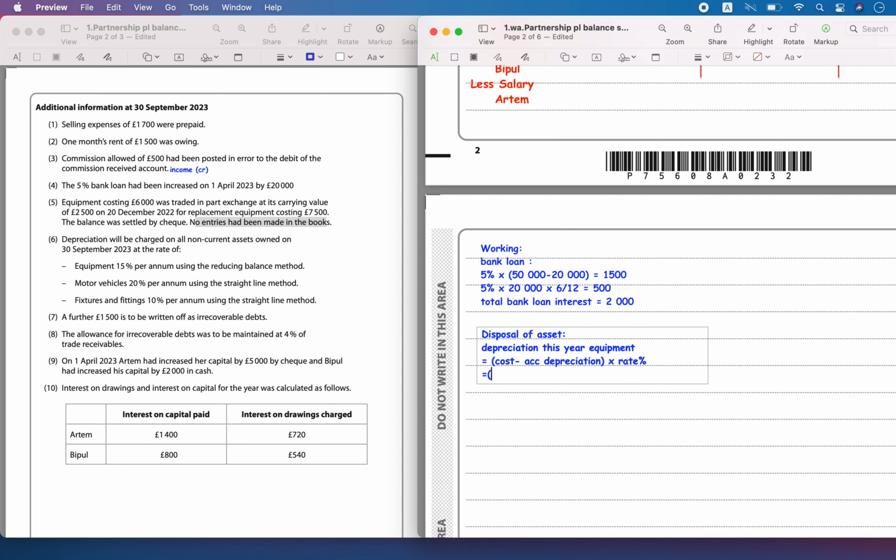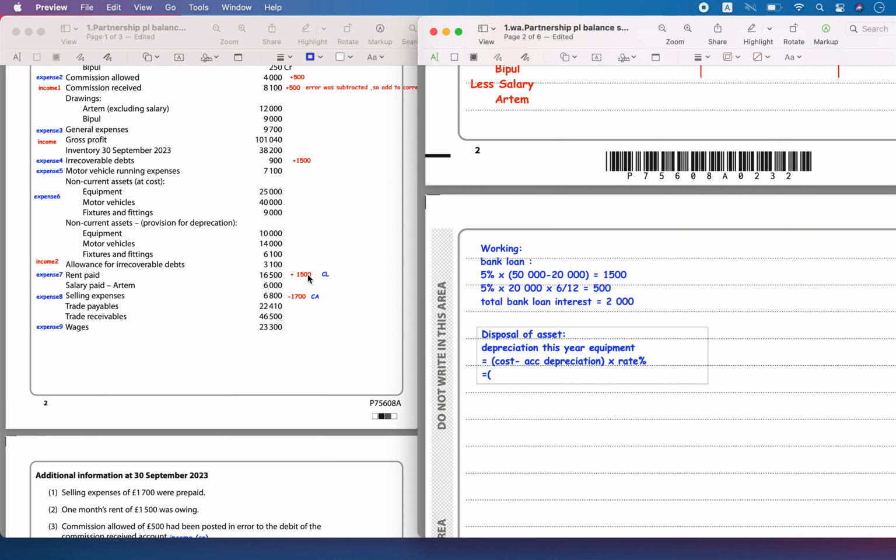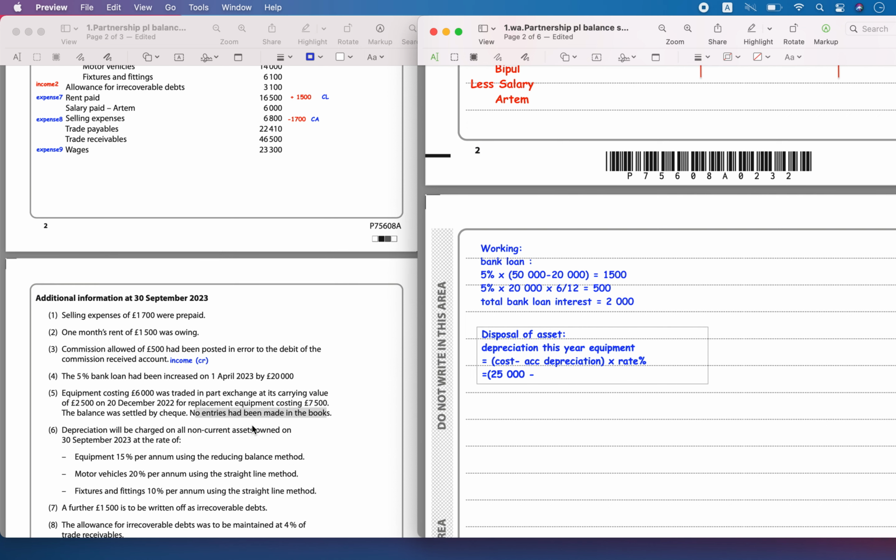So now let's look at the cost that is there in the business. So earlier the total equipment cost was 25,000. Okay, 25,000, and then we can see that the equipment costing 1,000 was disposed of.